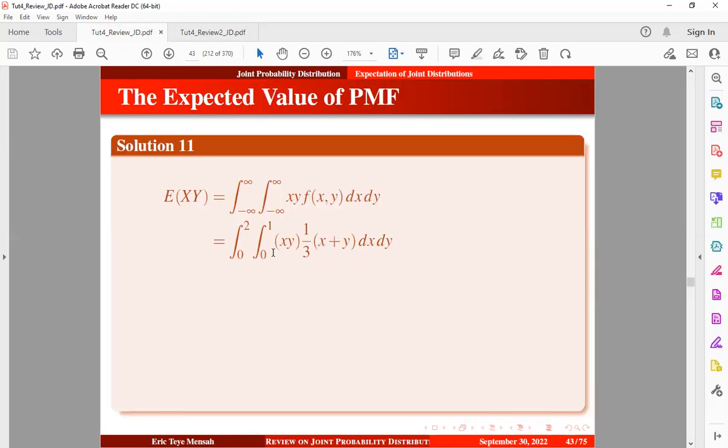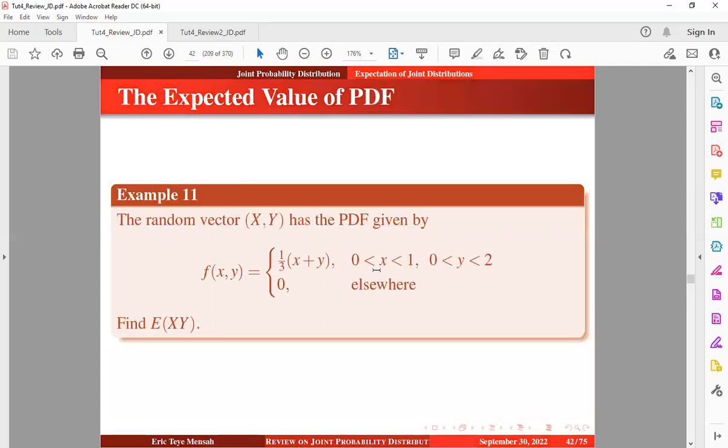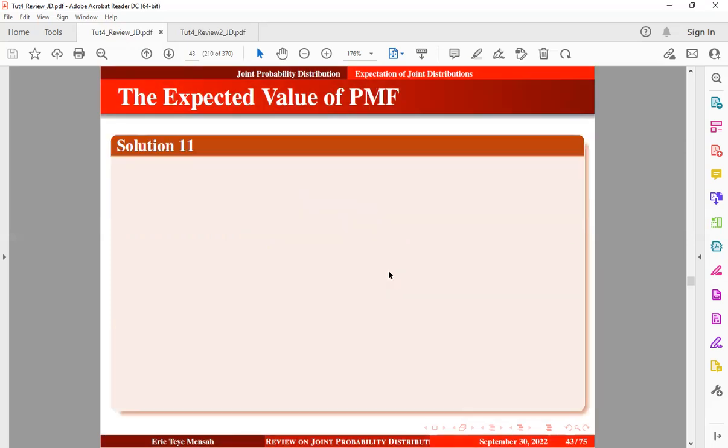So we know the range for x is from 0 to 1, and y is from 0 to 2. That's basically what we have here. These are the real value function, and these are the joint PDF.